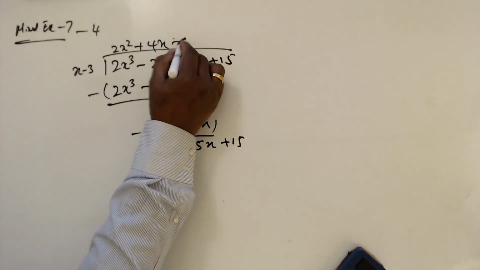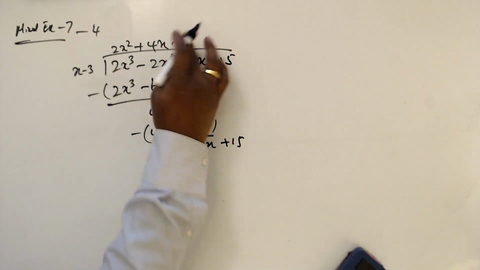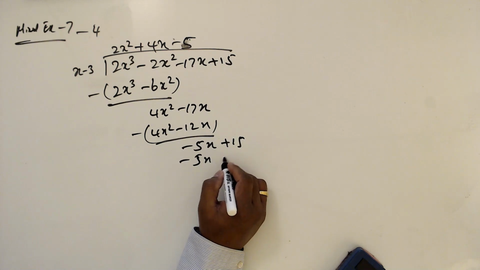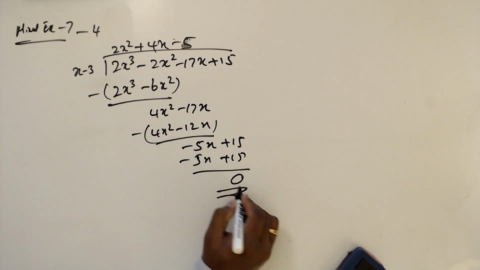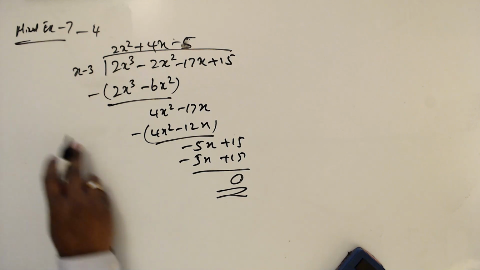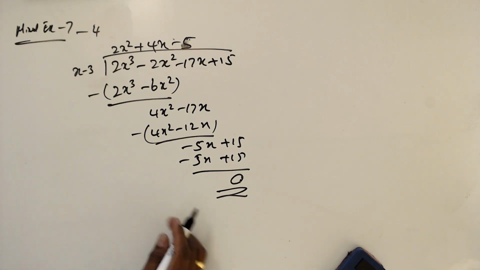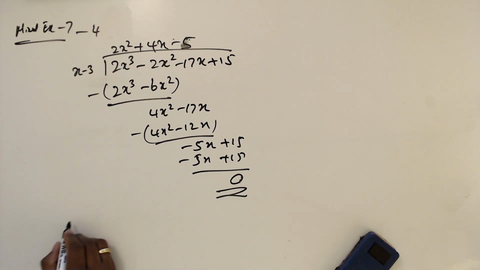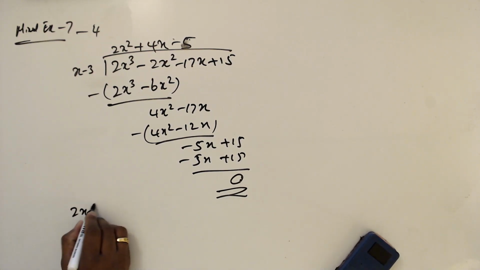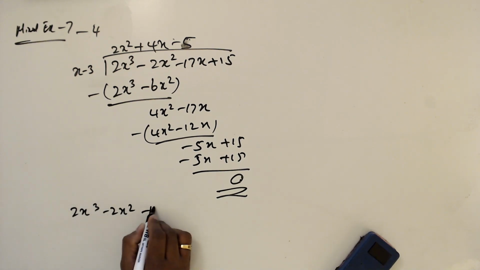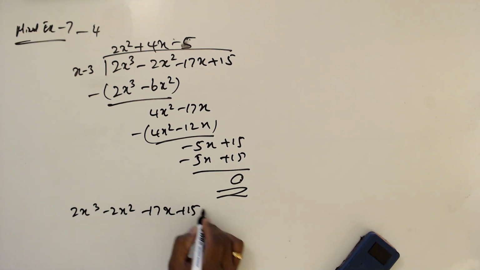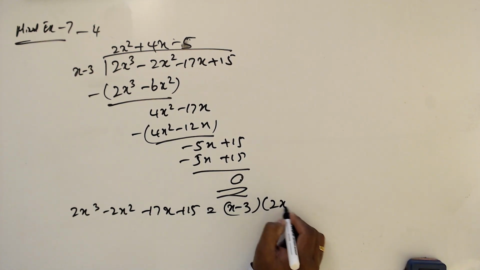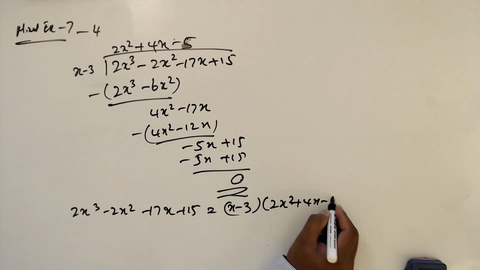Then this is going to be minus 5, and this is minus 5x plus 15, and the remainder is 0. We know the remainder is going to be 0 because x minus 3 is a factor. Now we can write 2x cubed minus 2x squared minus 17x plus 15 equals x minus 3 times 2x squared plus 4x minus 5.